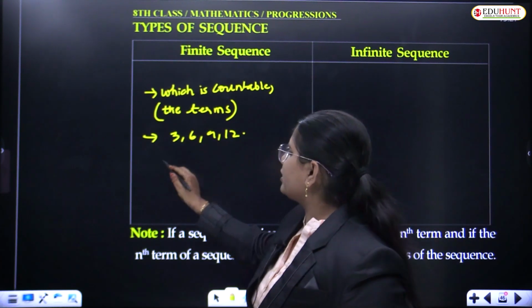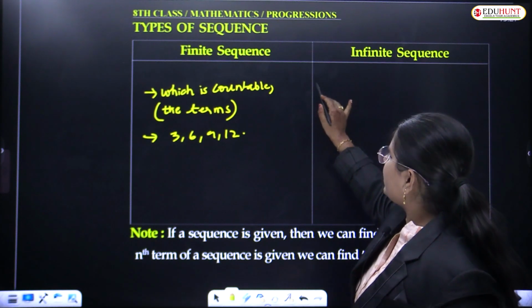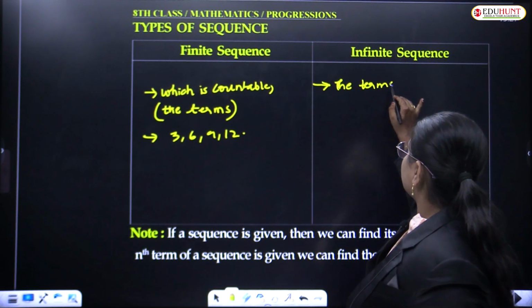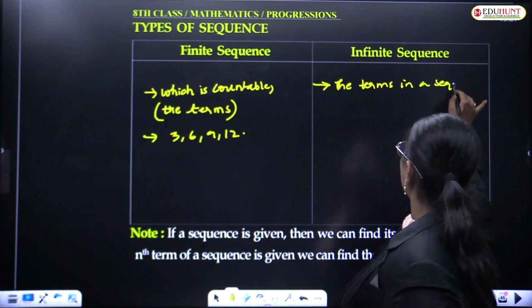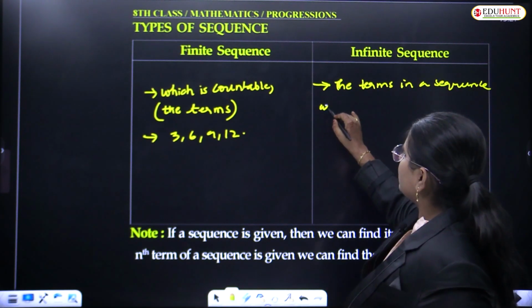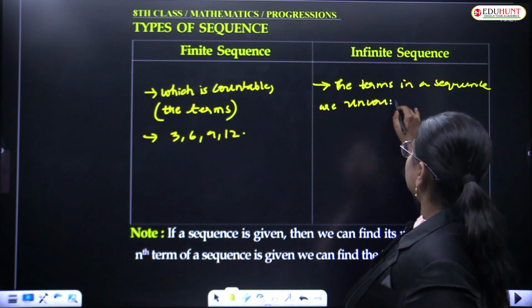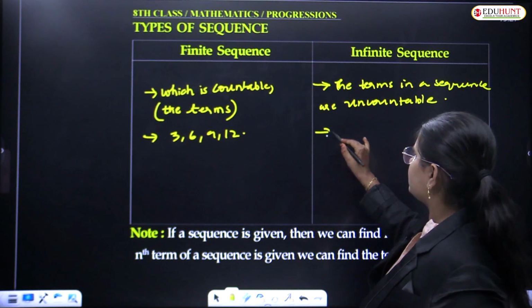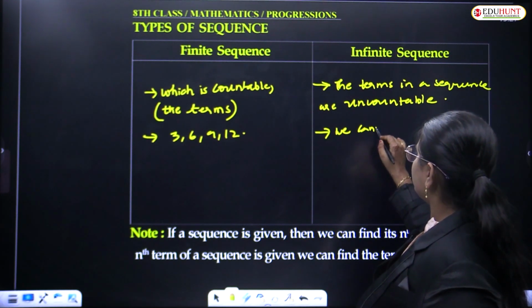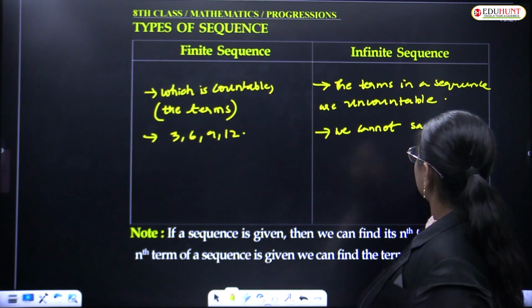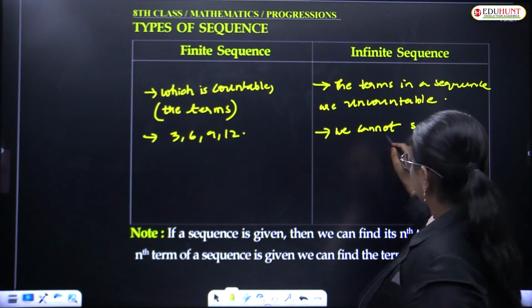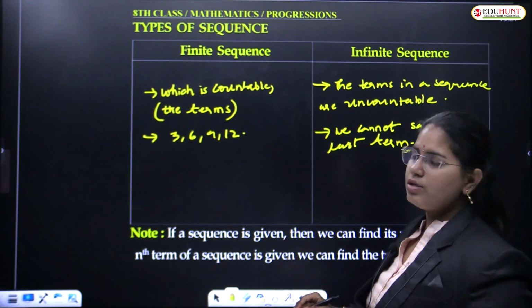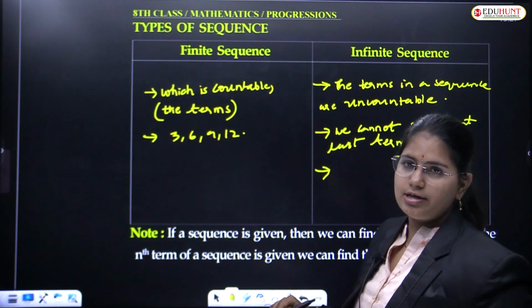Next, in an infinite sequence the terms are uncountable, and you will not find a last term. How do we express an infinite sequence?